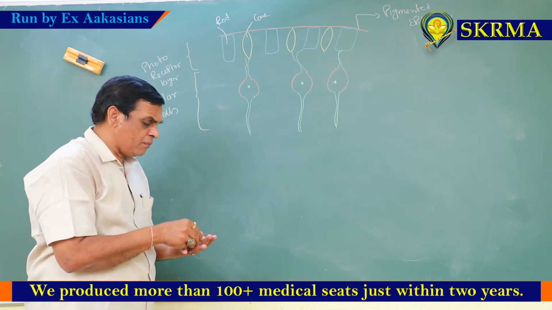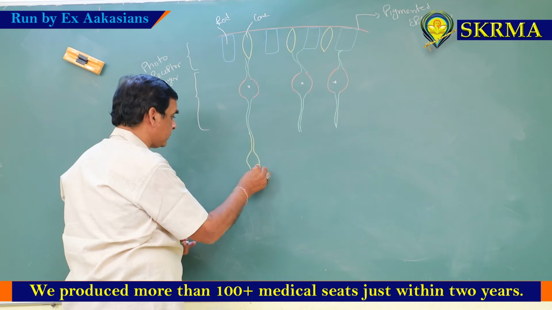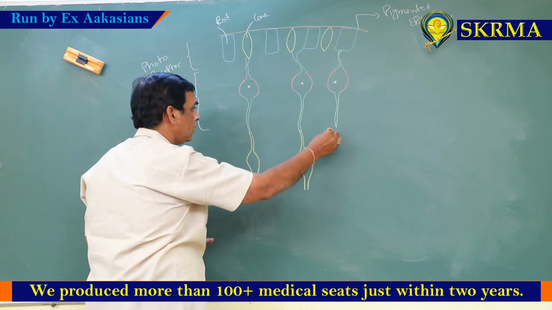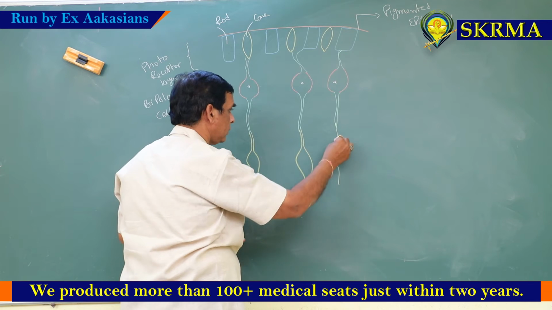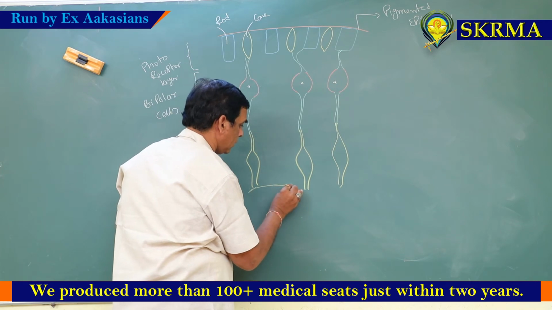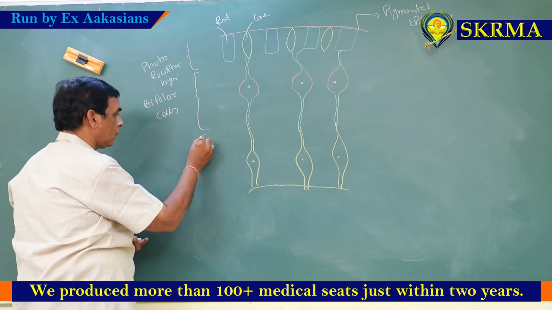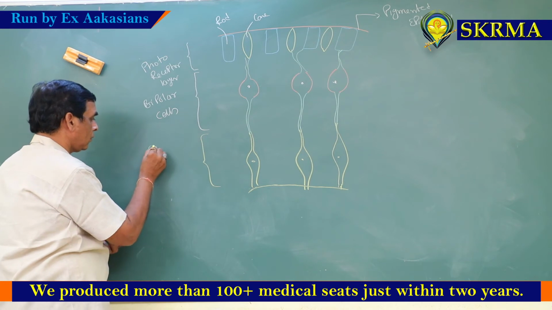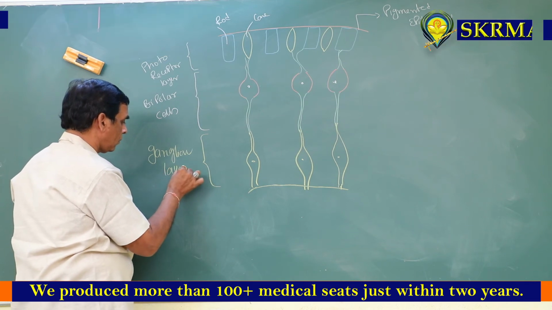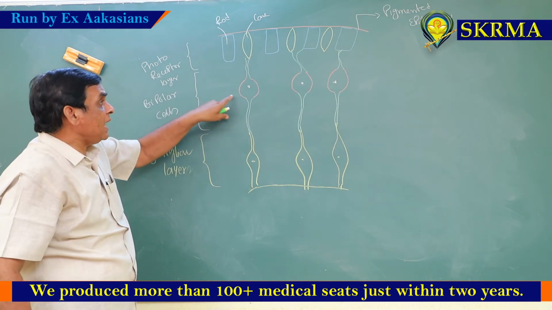Then it continues with a third layer, the ganglion layer. So in the retina 3 layers are present.